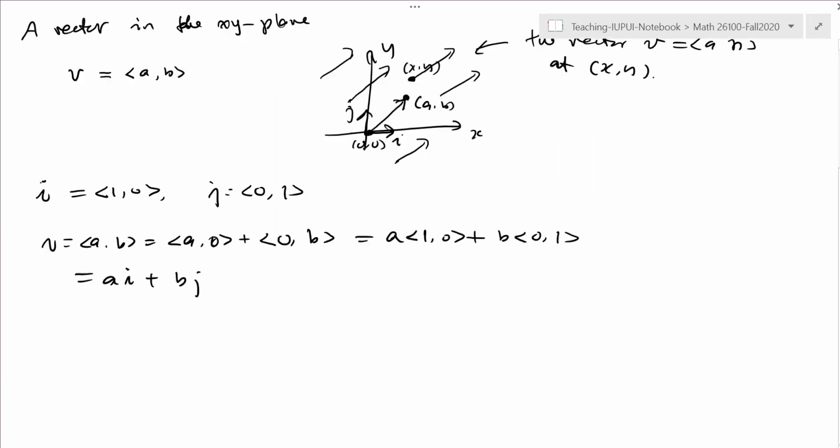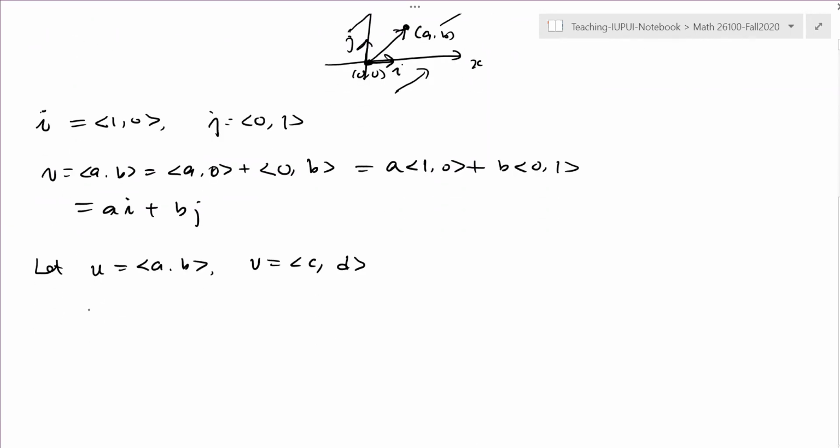Now let's understand the addition of vectors. Let U be (a, b) and V be (c, d). How do we add them together? Just add the corresponding components together.